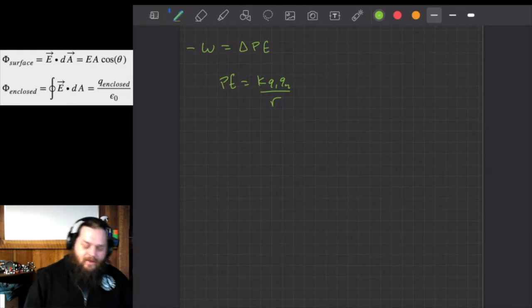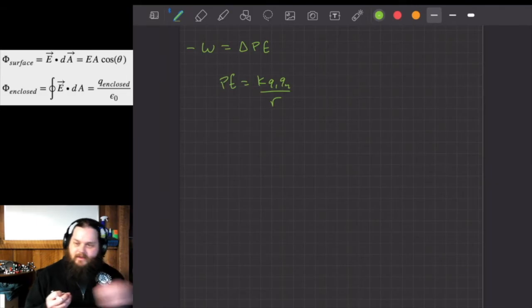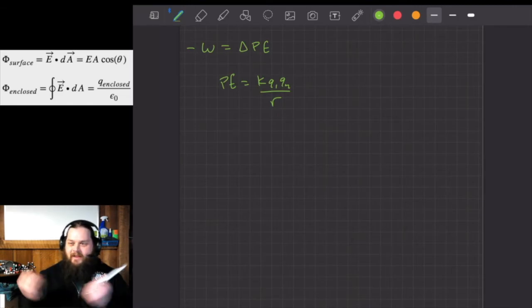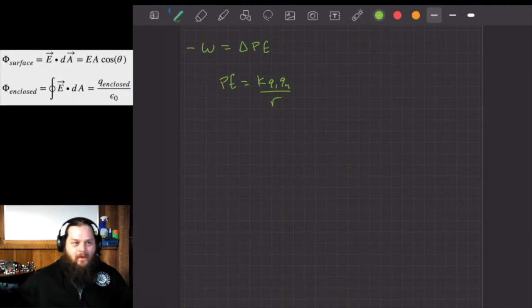In this case, the potential energy is not squared like the force is because we have this distance that we're moving it to. It's kind of like the simplified version of work is force times distance. In this case, our force is the electrical force between them, and we multiply that by the distance we have to move something, and we get this potential energy for it.